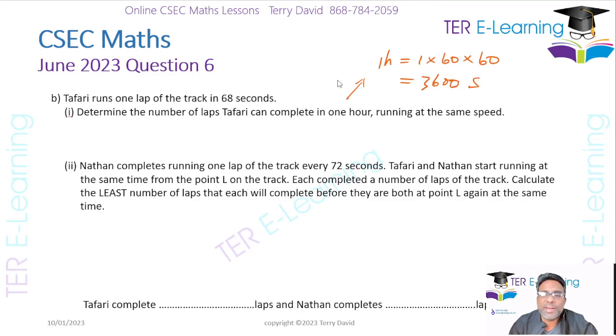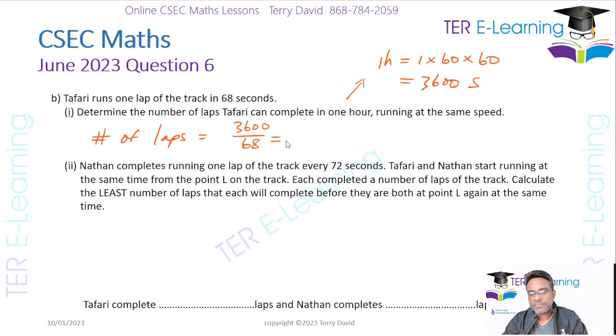Right, determine the number of laps. Right, so number of laps is simply going to be 3600 divided by 68. Right, and you're going to get 52.9, right?